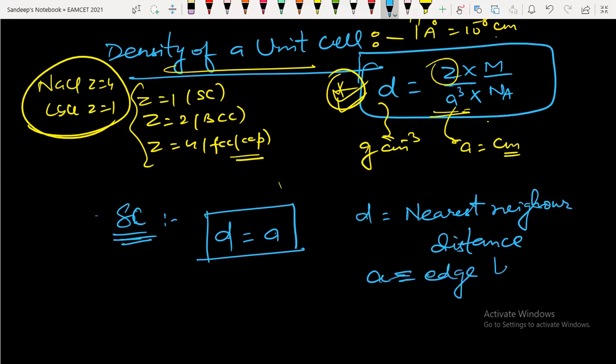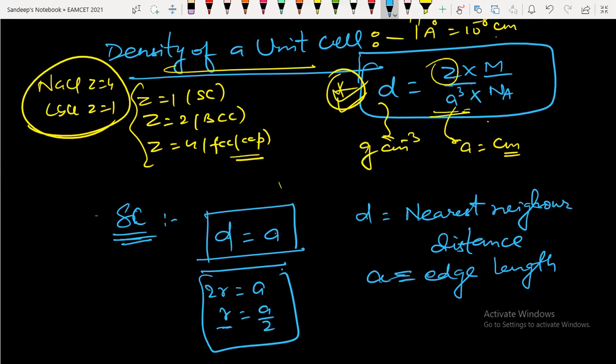So here 2r equals a, so r is equal to a by 2. Keep this formula in mind: twice the radius equals the edge length, so radius equals edge length by 2. And next is packing efficiency. You must know the packing efficiency for this.